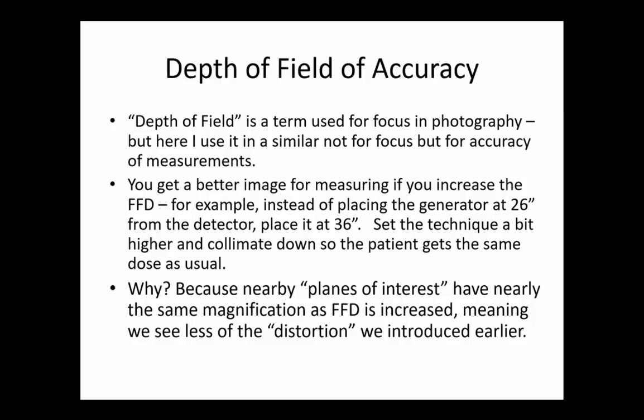The bigger you make the FFD, or actually the smaller you make the OFD, you minimize the magnification coefficient, and that means over neighboring planes of interest, you get closer to the same value, and that reduces that distortion. So this is kind of an advanced concept, but if you follow that, the bottom line is it's good to not have the generator so close to the hoof if you want to take an image for measurement.